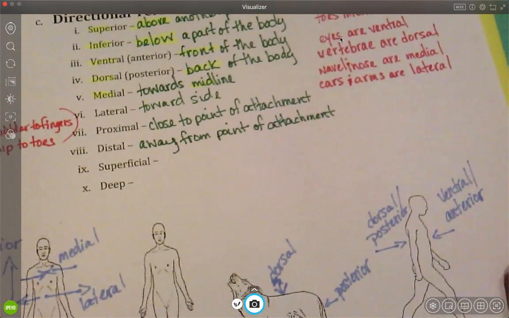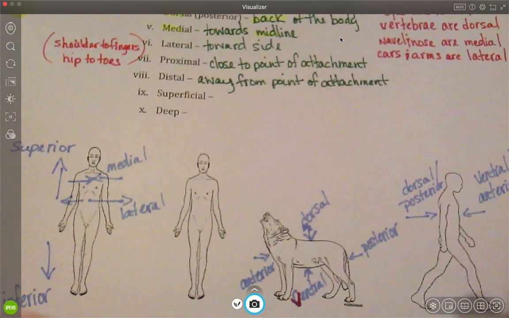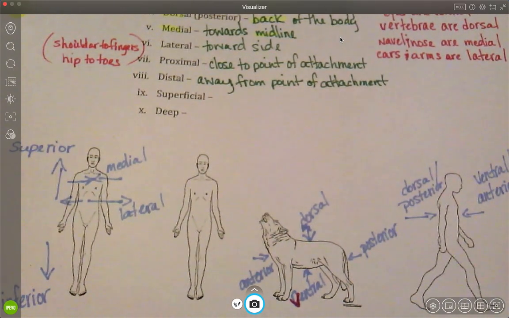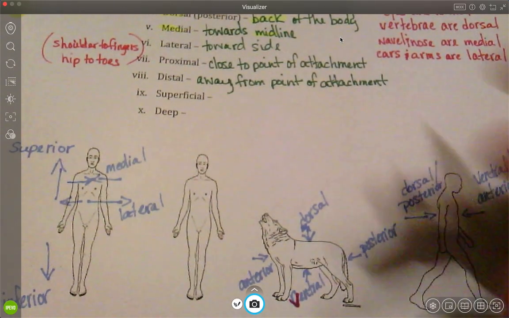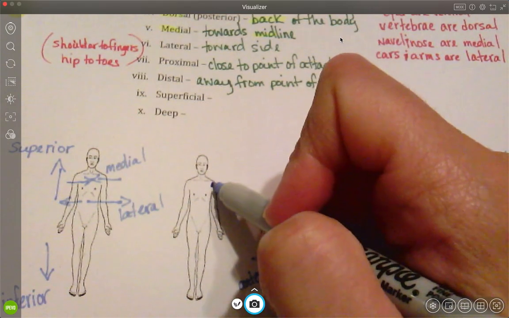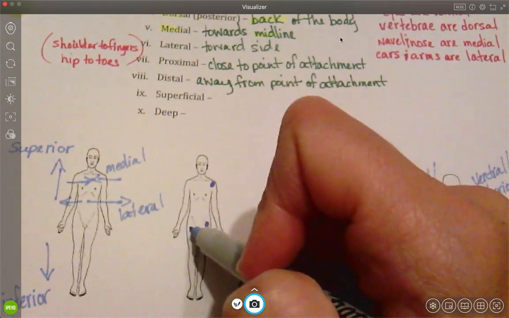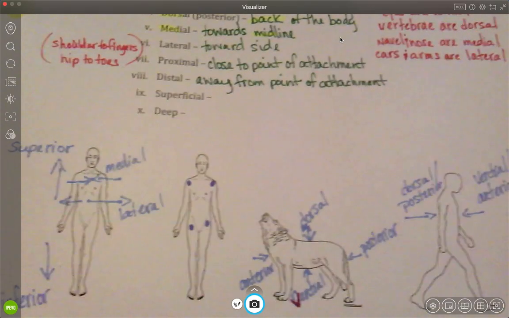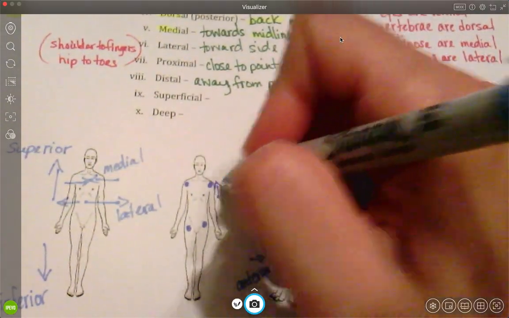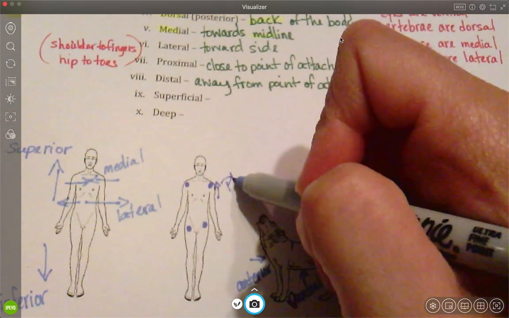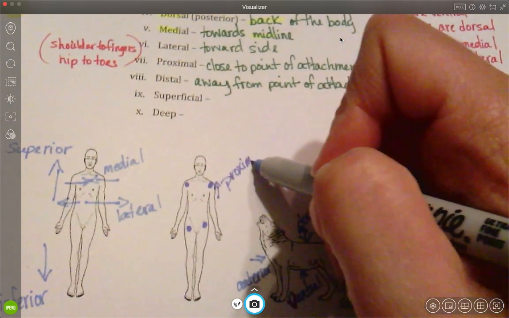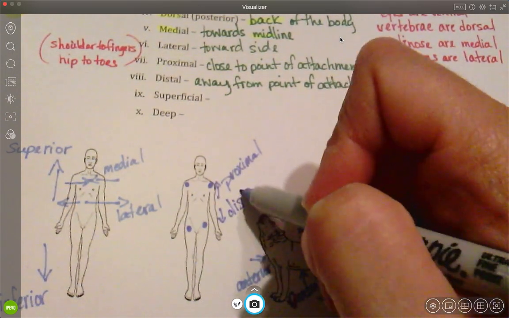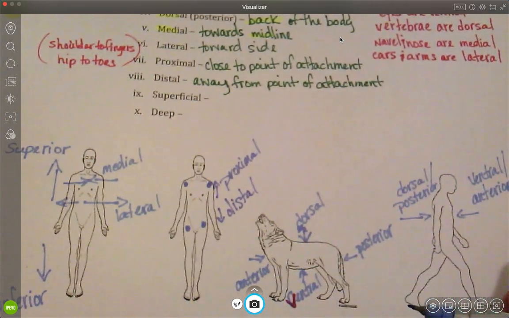So when we're looking at this, we only use these two words when we're talking about our extremities, our arms and our legs. Okay, so point of attachment is right here, right here, right here, and right here. If it's close to point of attachment, so if it's close here, then it's proximal. If it's away from point of attachment, it's distal, distant, far away.